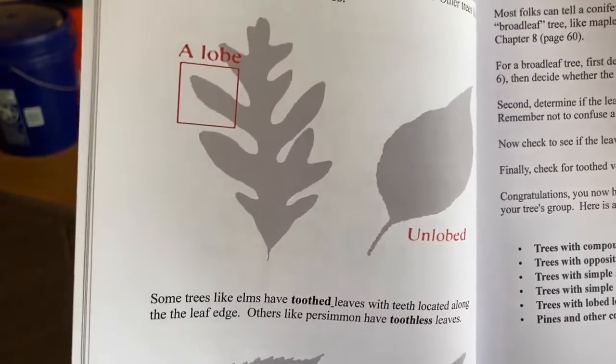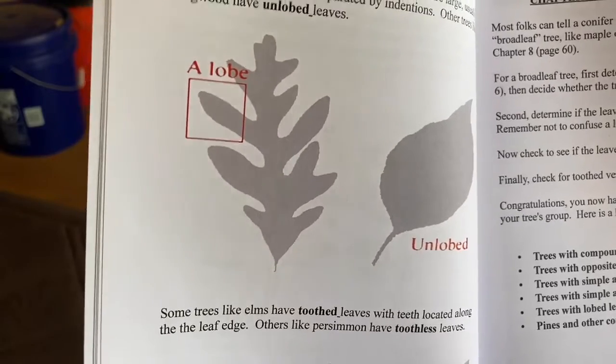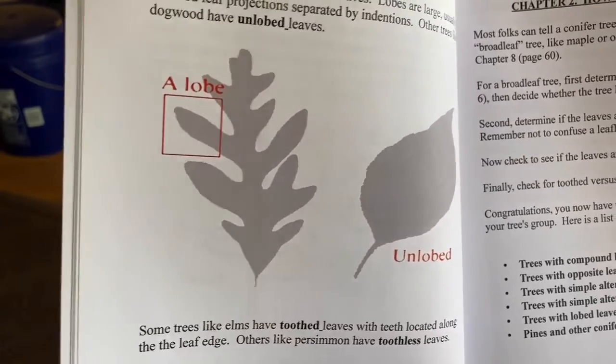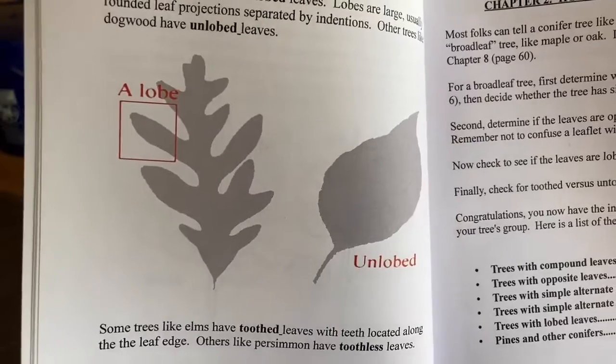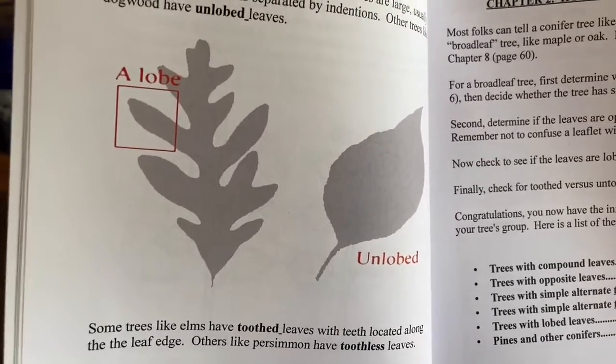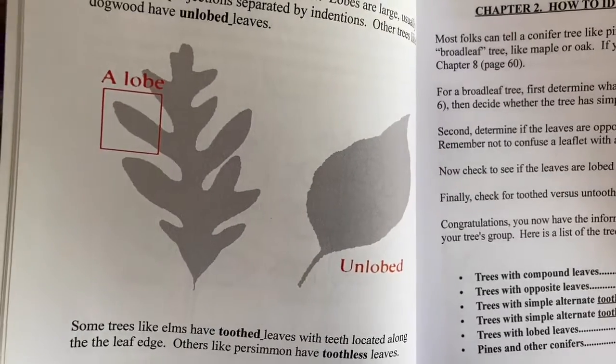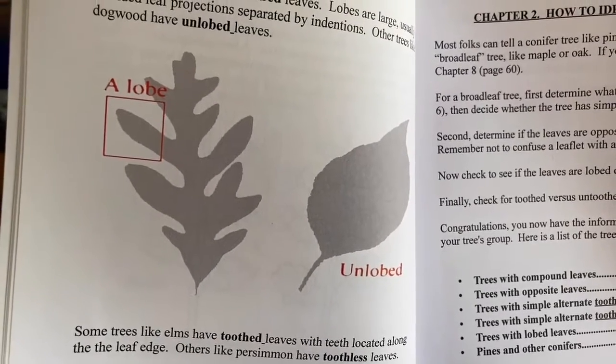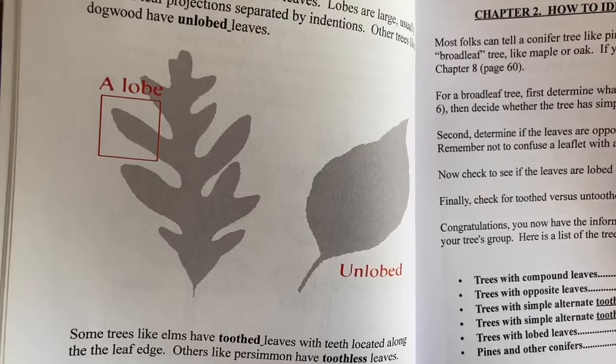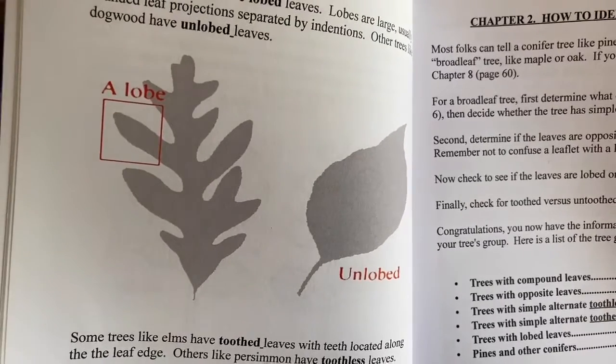A leaf either has lobes like the one on the left, which is an oak leaf, a white oak leaf, or it has no lobes. It's just one simple unlobed leaf, the typical leaf. Okay, so you have lobed leaves like oaks versus unlobed leaves like persimmon.